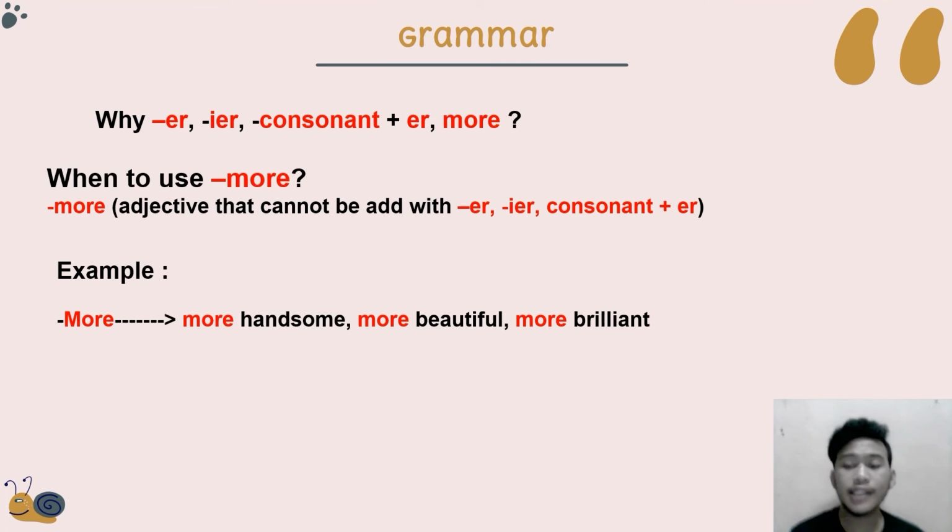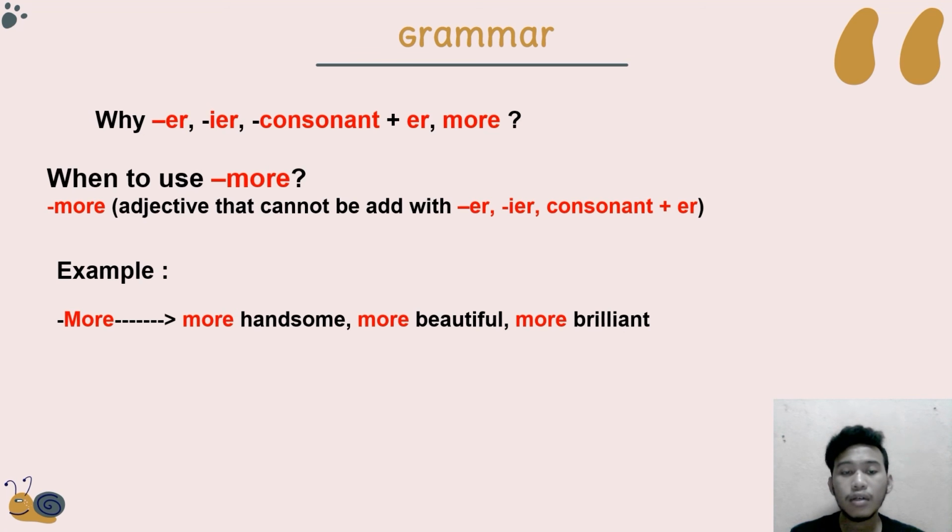And if you add er, ier, or consonant plus er at the end of the words, it will be kind of weird, isn't it? For example, handsomer. Yes, it is totally wrong.